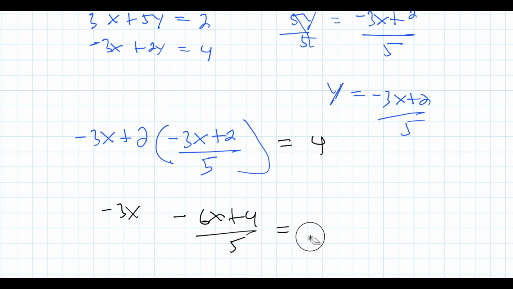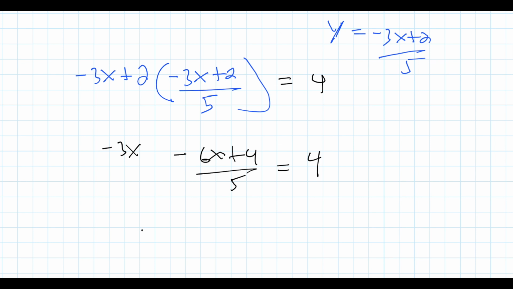Then, like last time, to remove the denominator, you multiply 5 to everything. Just this one on that one? No, and the other one. 5, 5, 5. All right.